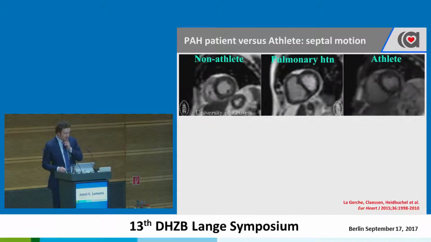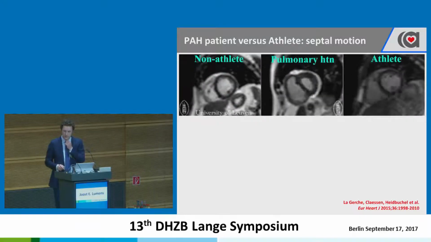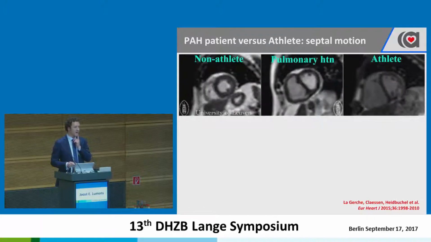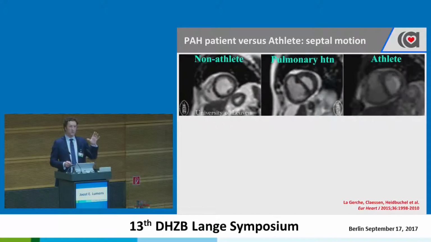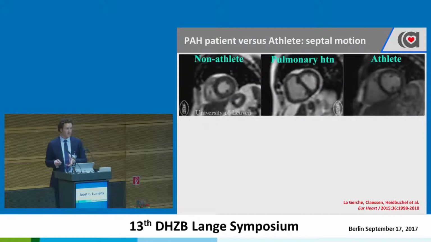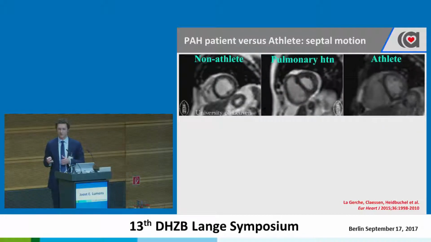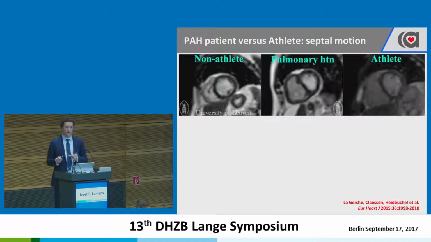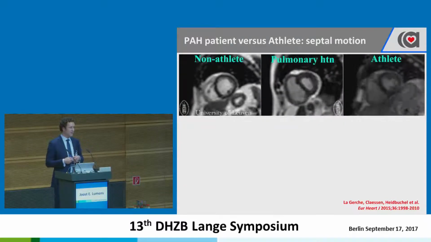Okay, then I got in touch later on with André Lagertsch, who I already mentioned, and he saw the movies of the PAH patient at rest, and he said, I do have athlete patients. No, they're not maybe patients, but he was researching the septal motion in athletes.